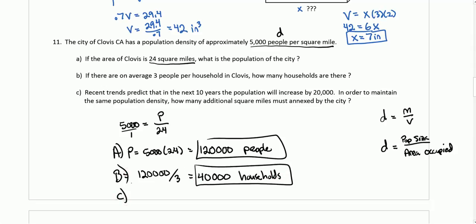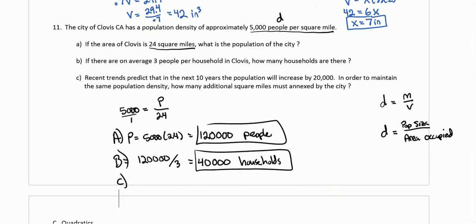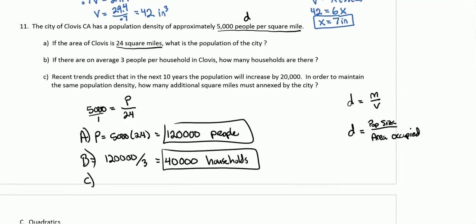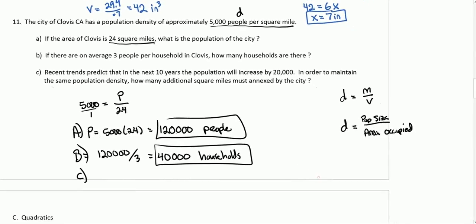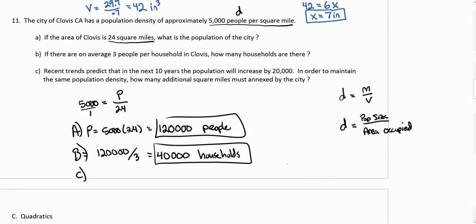And then part C, recent trends predict that in the next 10 years the population will increase by 20,000. In order to maintain the same population density, how many additional square miles must be annexed by the city? So if we add 20,000 to our population, so we're going to have 120,000 originally plus 20,000 more, divided by the area, and we want to keep the same population density, which is 5,000.